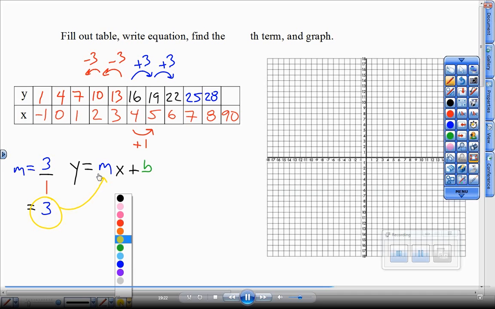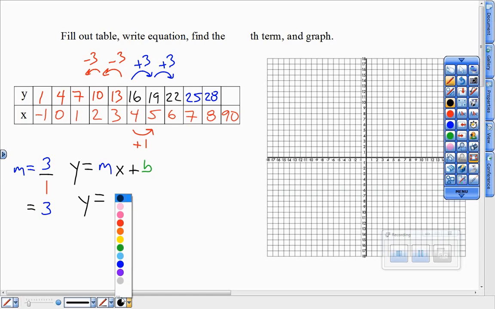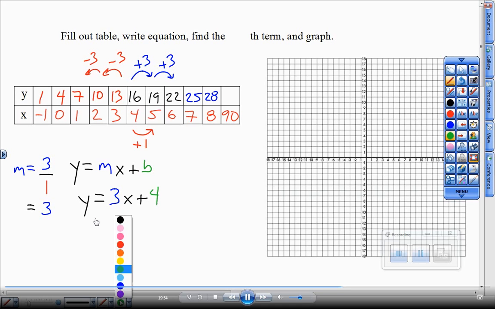So for this, put that 3 in for m. Put that 4 in for the y-intercept b. And that gives me this equation, which is y equals 3x plus 4. And I could use that to plug in 90.